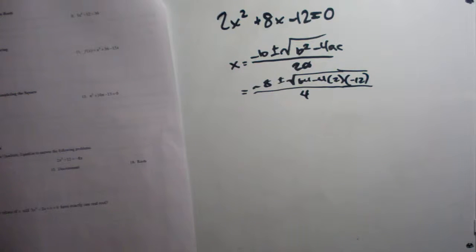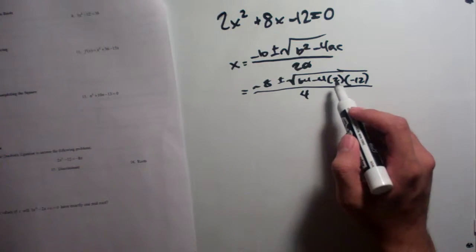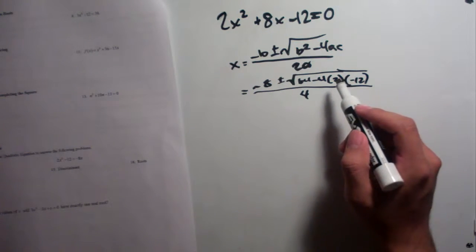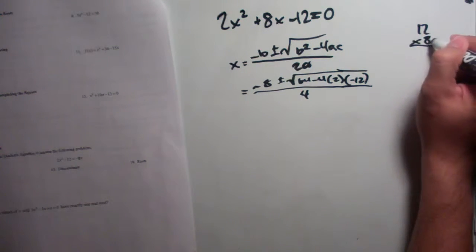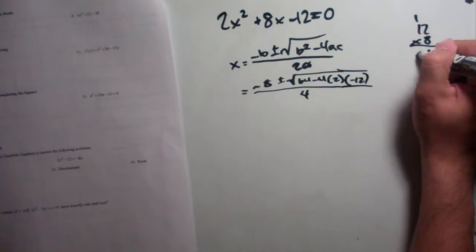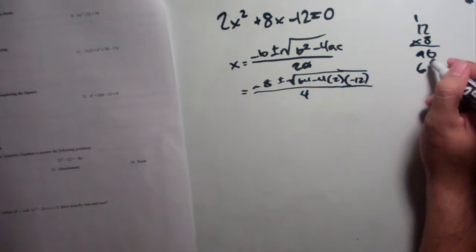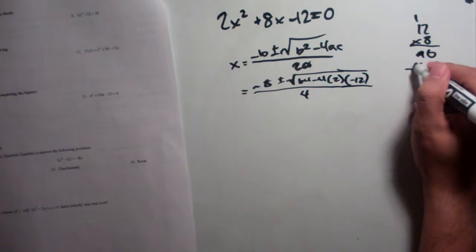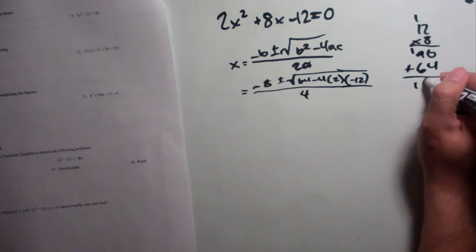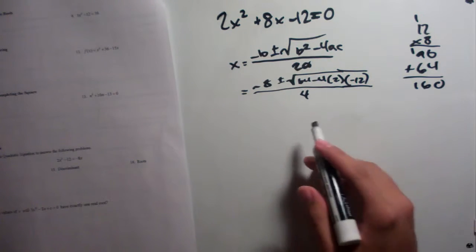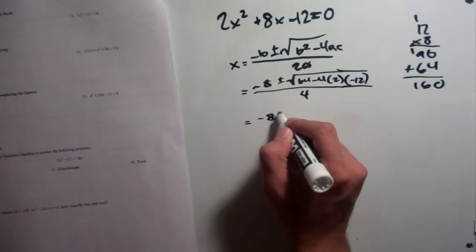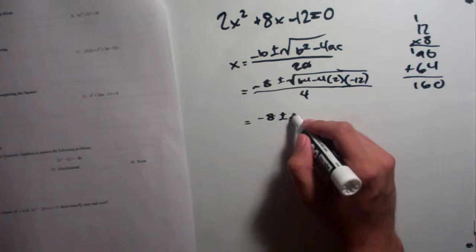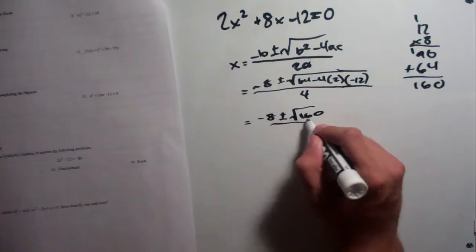With this 64 plus, we multiplied this out, 12 times 8. I already did this, but I'm just going to reaffirm that this is correct. We got 96 plus 64, 160. Yeah, okay. So with this, we're going to get negative 8 plus or minus the square root of 160 divided by 4.